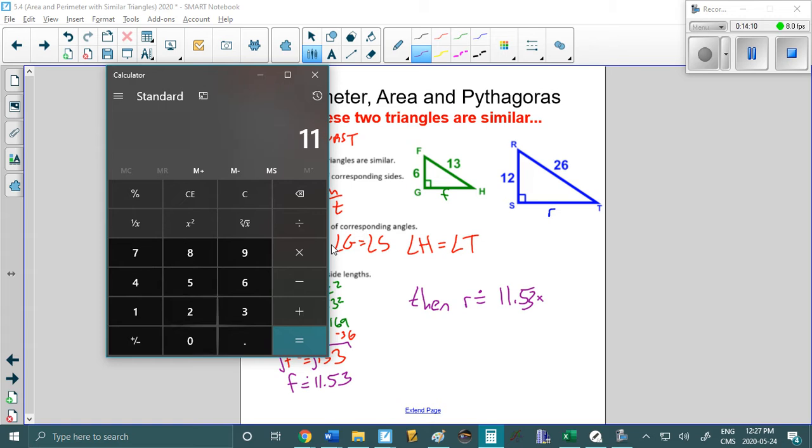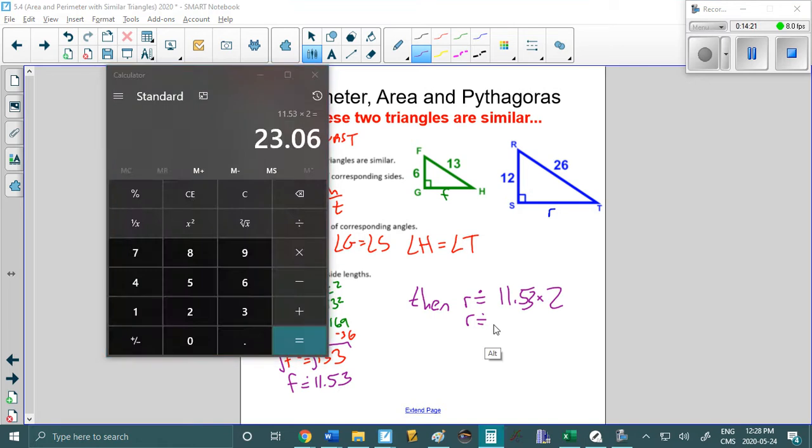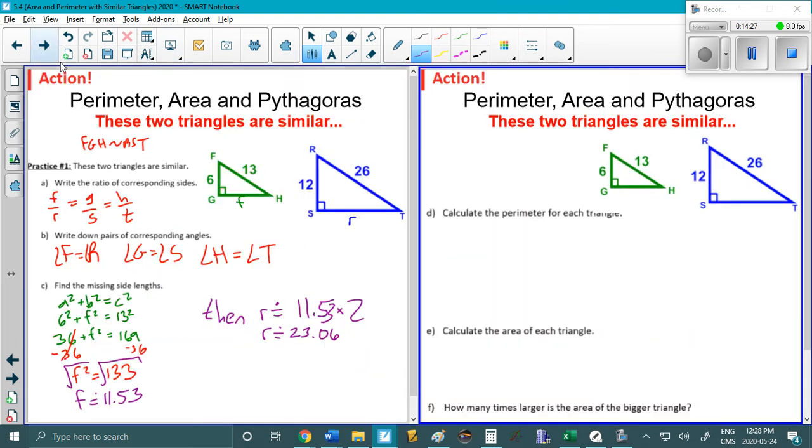So 11.53. Now obviously you can see here this triangle is double, so just times 2. And r is approximately 23.06.